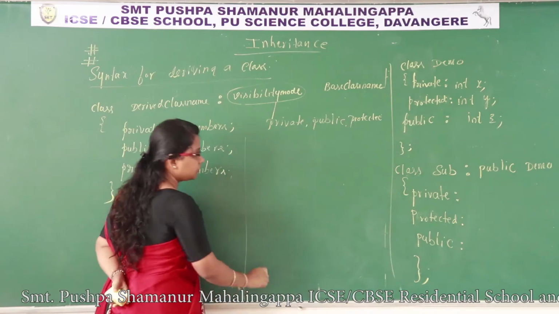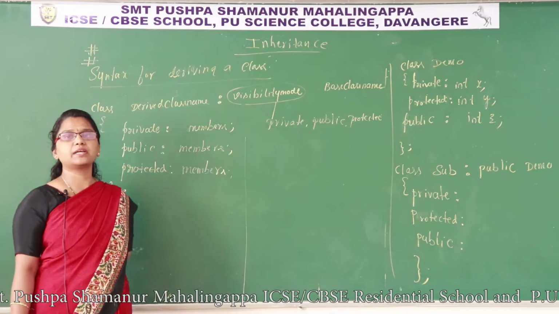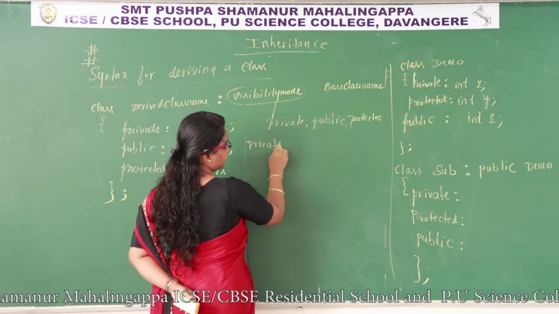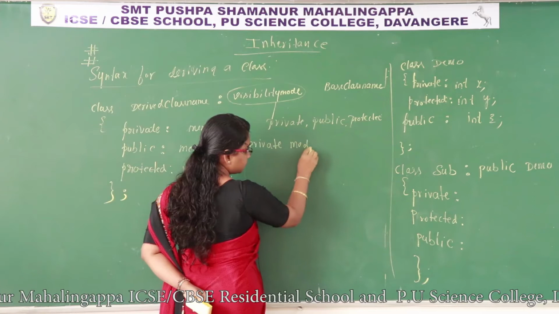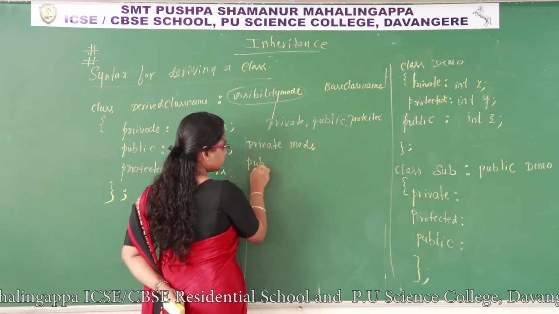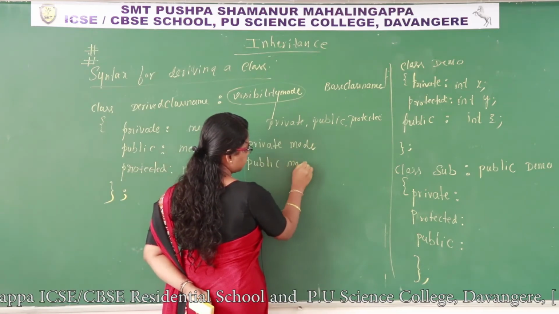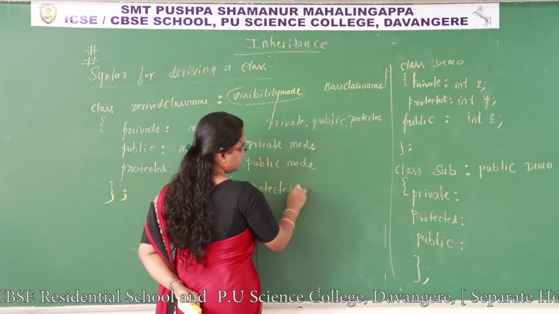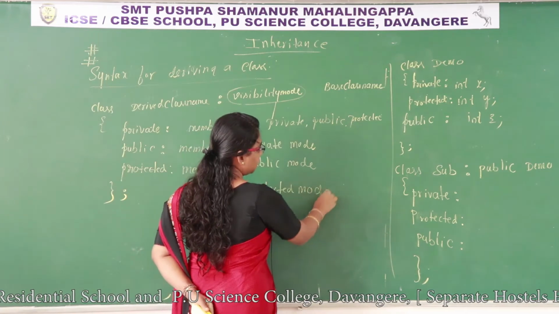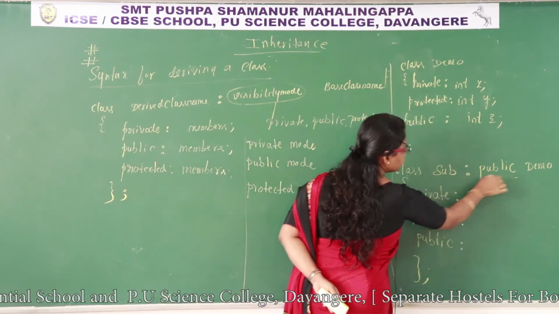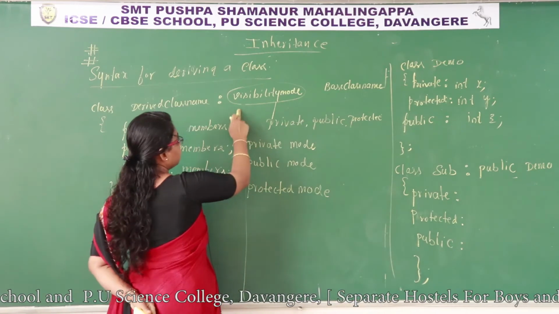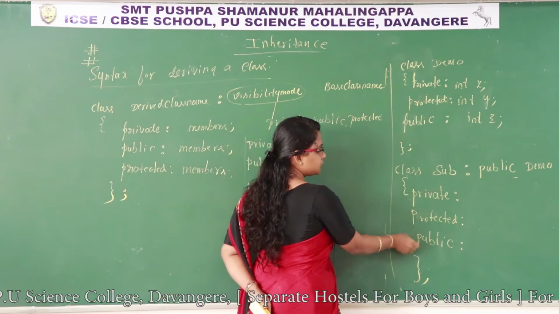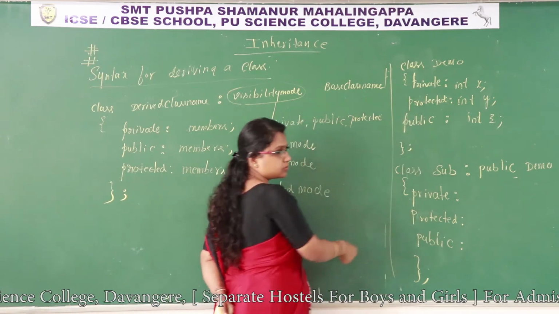Let us understand the features of each visibility mode: private mode, public mode and protected mode. I am talking about the visibility mode. Understood? These are all access specifiers, and every class has three access specifiers.